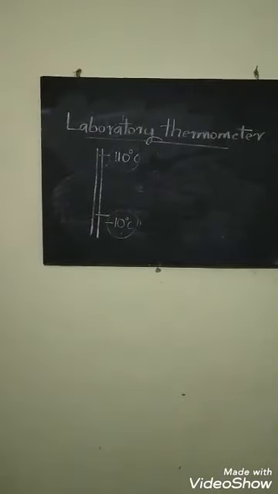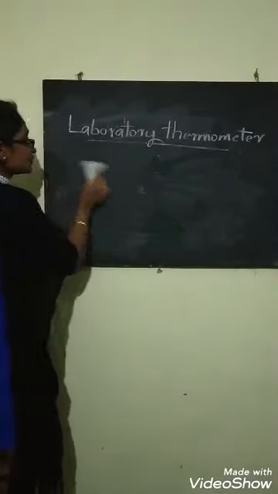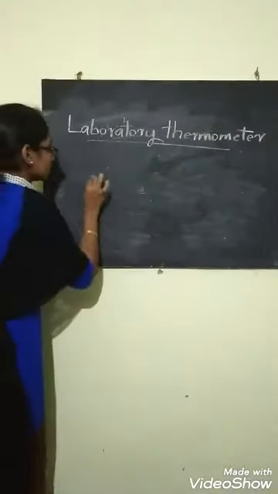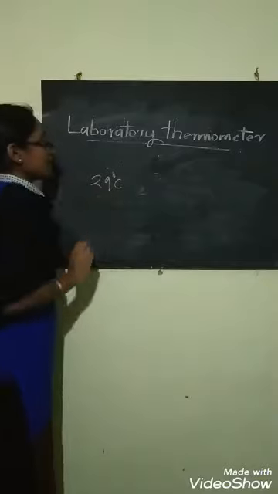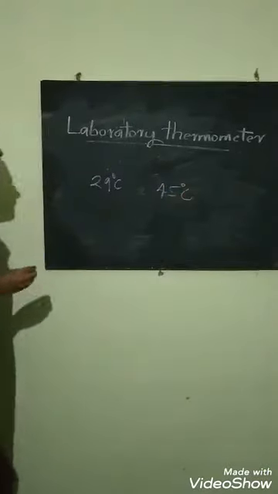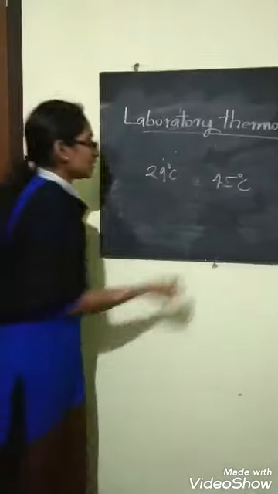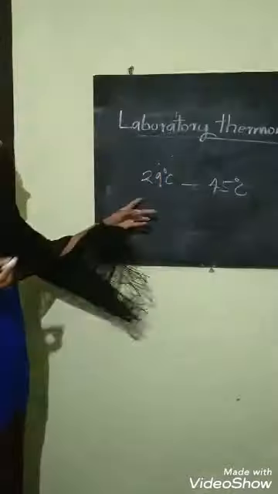Now, the question is, which thermometer do we use to measure the weather? We can see that the weather today is 29 degrees Celsius, and a value of 45 degrees Celsius, like something we see in newspapers or on TV channels. Why is it shown like this?